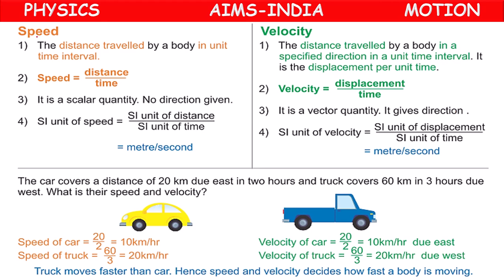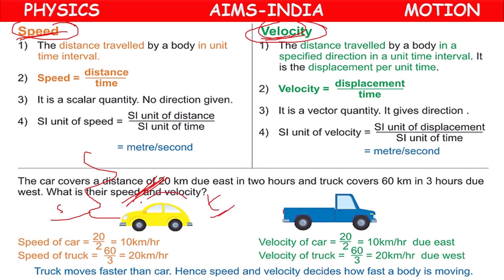Next. We have two more terms, speed and velocity. Suppose a car is moving in different directions. It covered some distance in some time t.